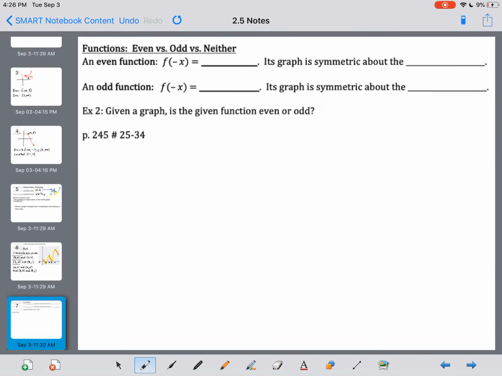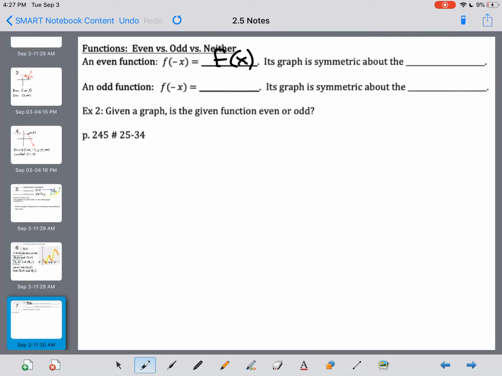So let's jump on to the back of your notes, okay? Even versus odd. We've actually already kind of looked at this, okay? In an even function, that is where f of negative x is equal to f of x, all right?